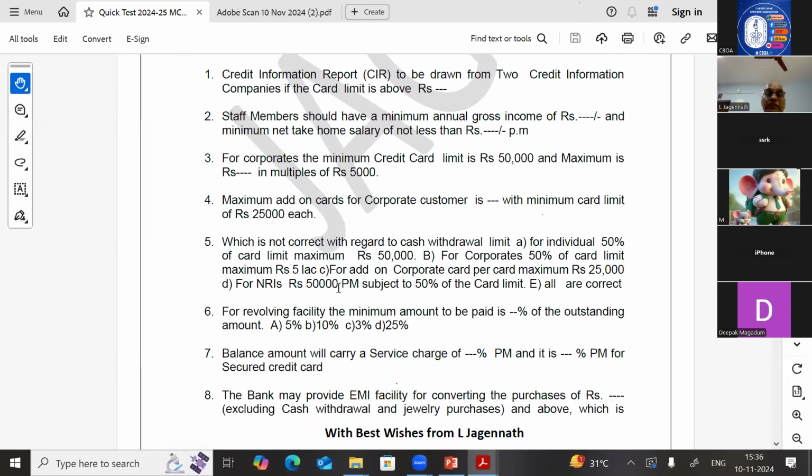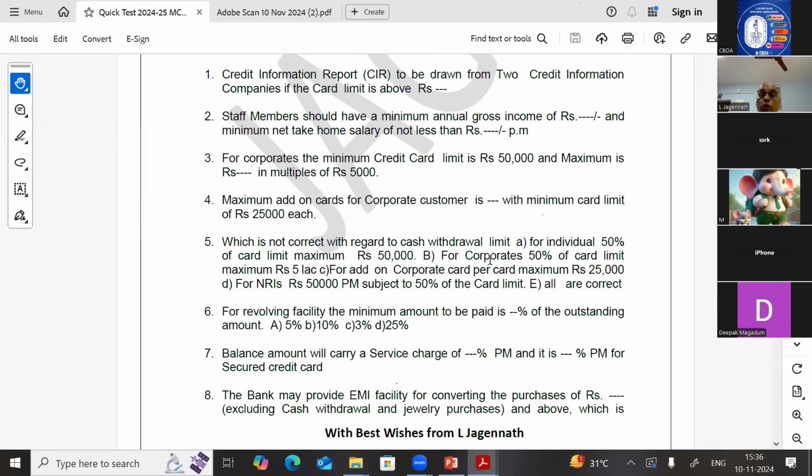Question number 5, which is not correct with regard to cash withdrawal limit? For individuals, 50% of the card limit, maximum rupees 50,000, correct. For corporates, 50% of the card limit, maximum 5 lakhs, correct. For add-on on corporate card, maximum cash withdrawal limit is 25,000, correct.